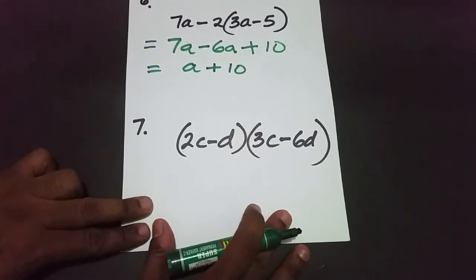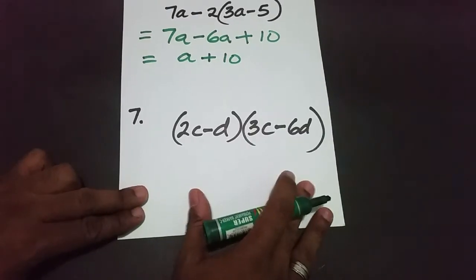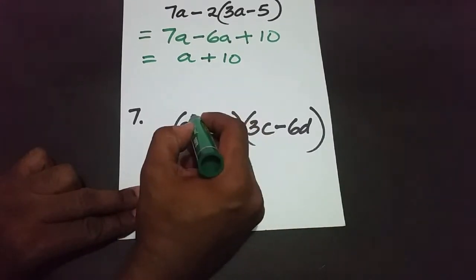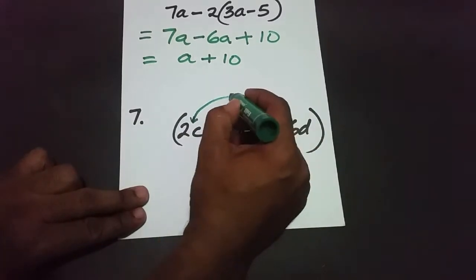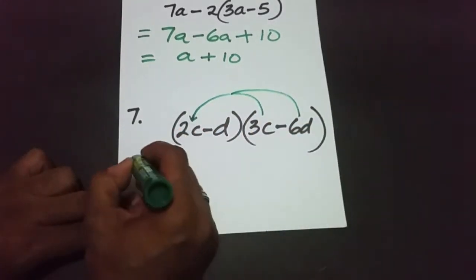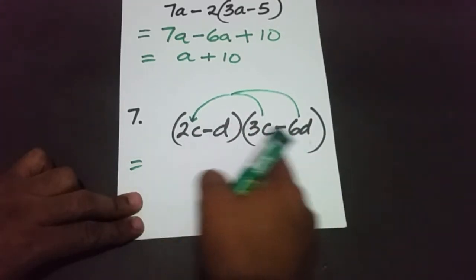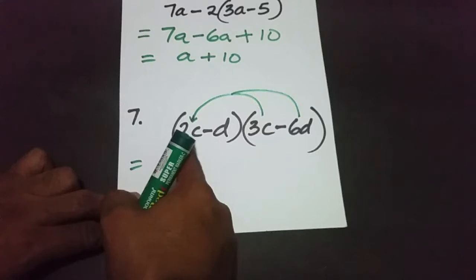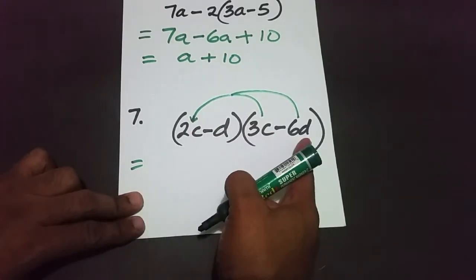Let's take a look at this question. So, product of two brackets here. Again, we're going to start with the positive 2c and multiply everybody by that, bearing in mind the signs of the terms inside. So this is positive 2c, negative d, positive 3c, and negative 6d.